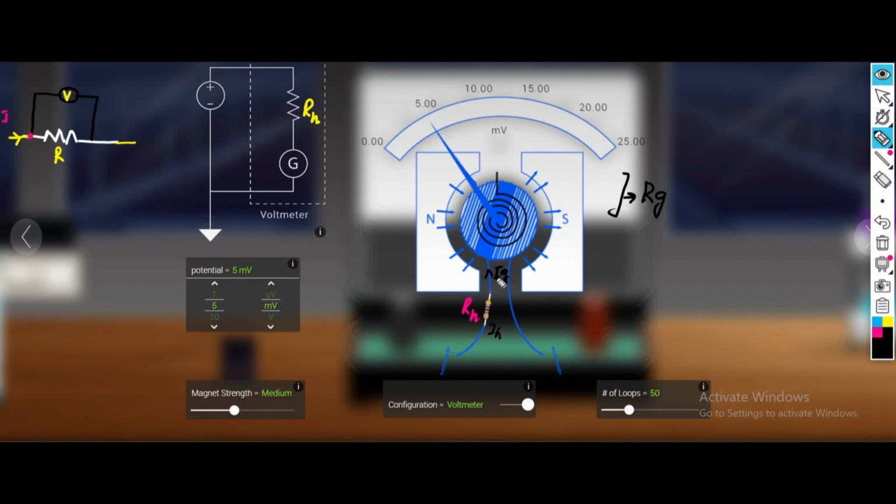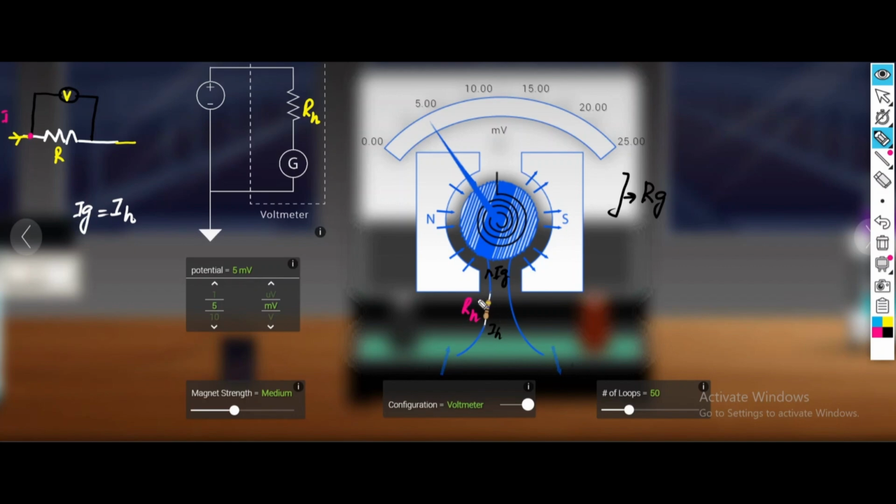If components are in series, the current passing through all components will be the same. So according to that rule, the current Ig of this galvanometer will be equal to the current IH through this high resistor.